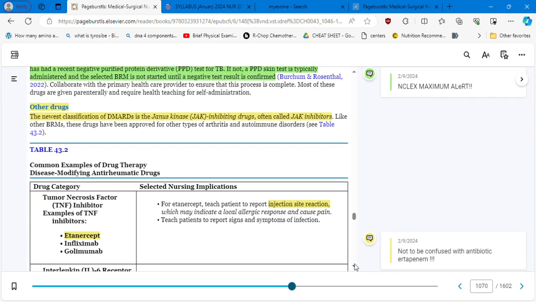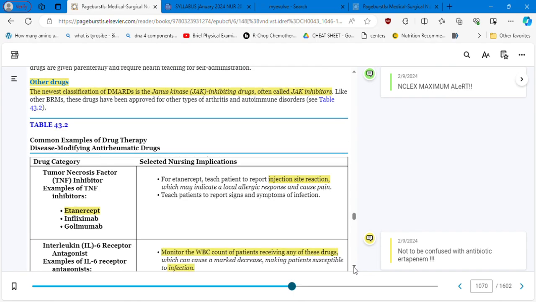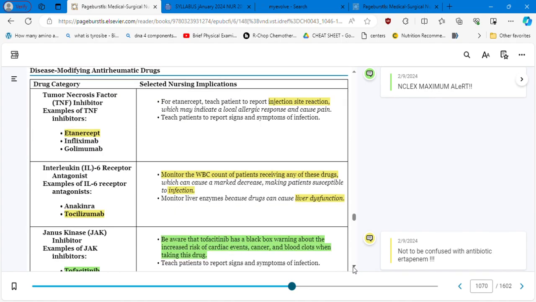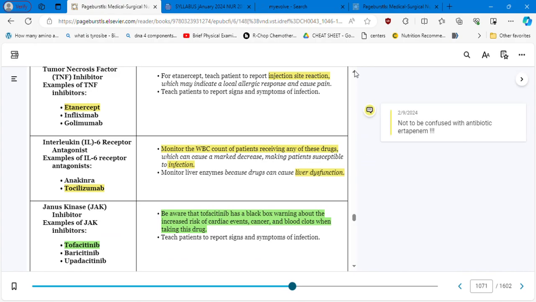Okay, other drugs. The newest classification of DMARDs is the Janus kinase inhibiting drugs, often called the JAK inhibitors. And we have a table here. So we have the common examples of drug therapy, disease modifying anti-rheumatic drugs. You don't have to memorize these, but what you need to know is the side effects.